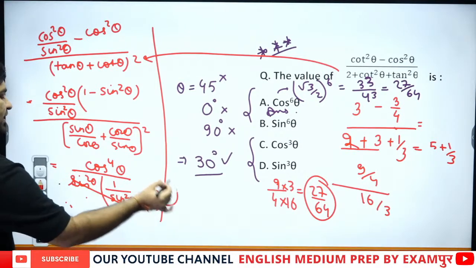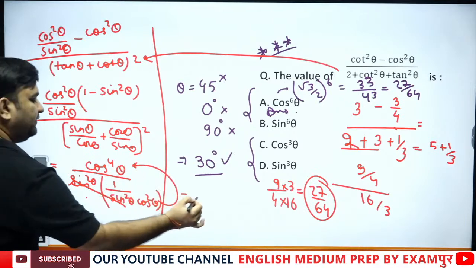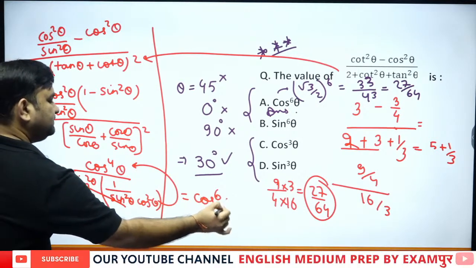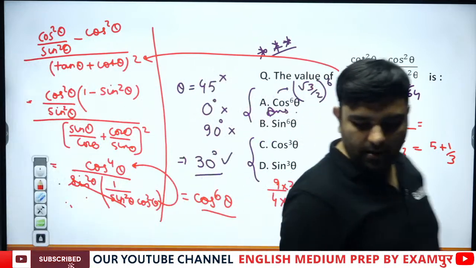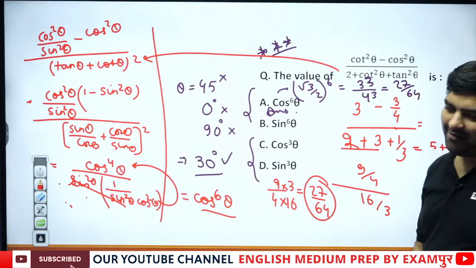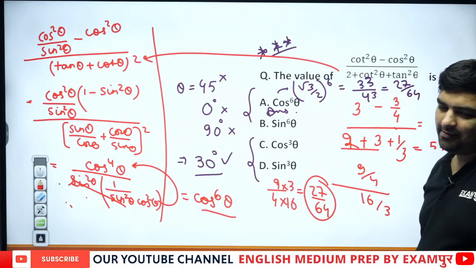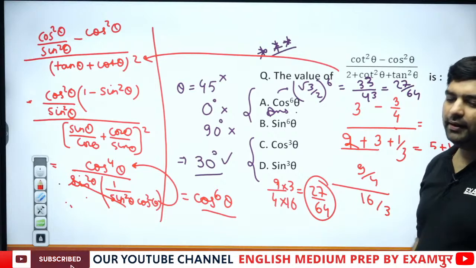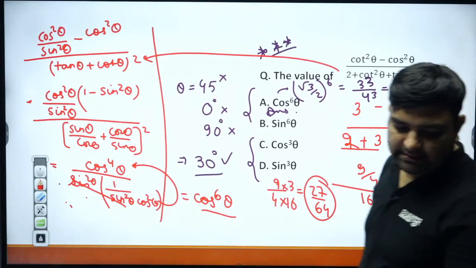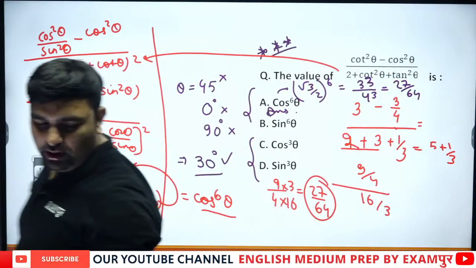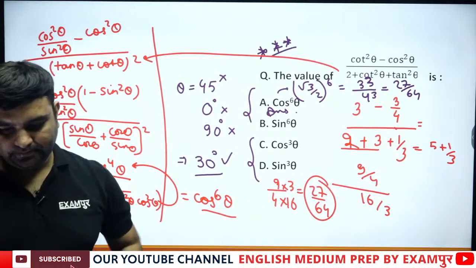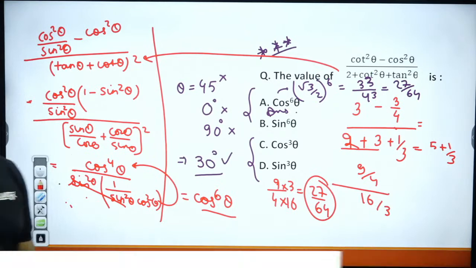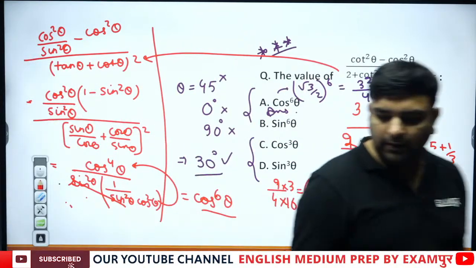This cos square theta will also go on the top and will become cos to the power 6 theta. Clear? Clear, guys? Clear.